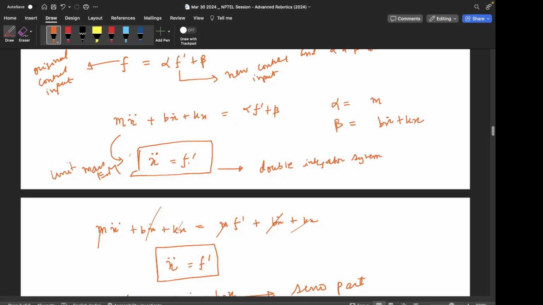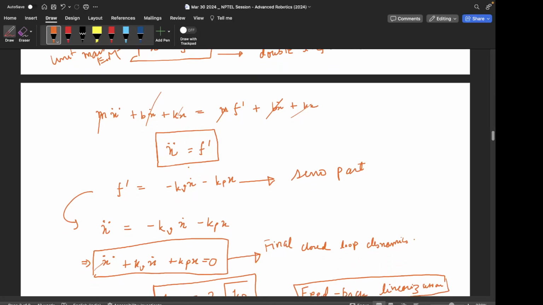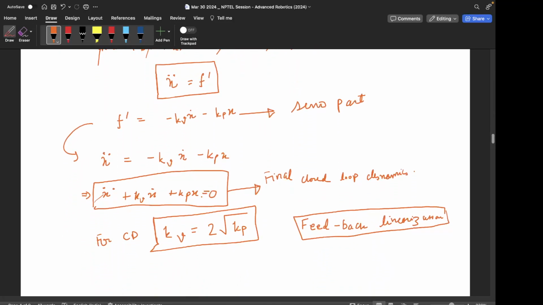We specified f as alpha f dash plus b, where f dash is the new control input, right? And by doing similar conversions, we bring it to a linear form like this, and then the second component of the closed loop system becomes very straightforward to design.